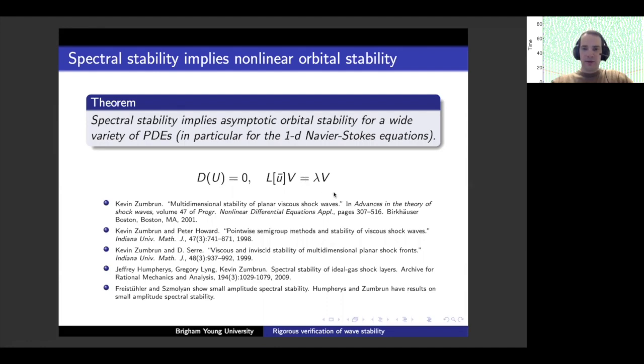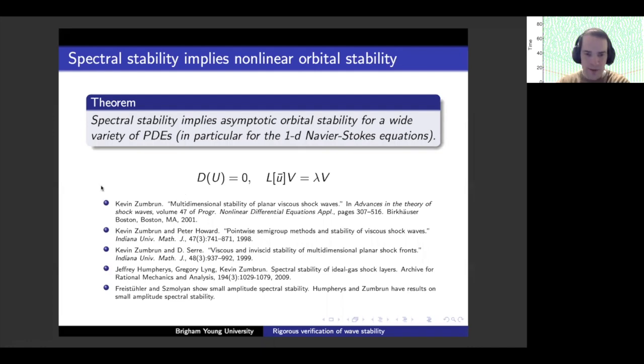And if all the eigenvalues have negative real part except for the 0 one, it's spectrally stable.